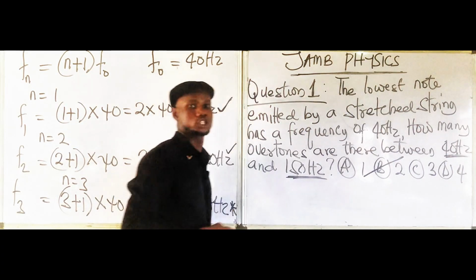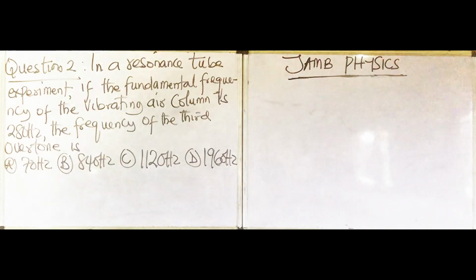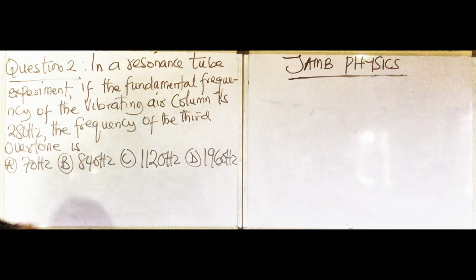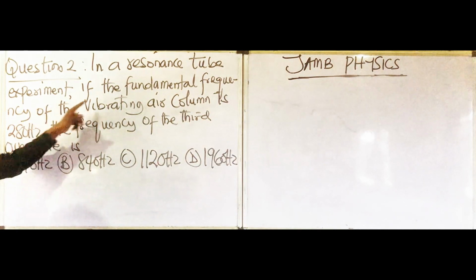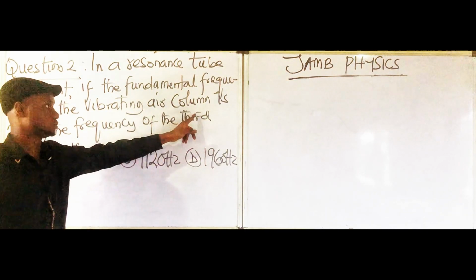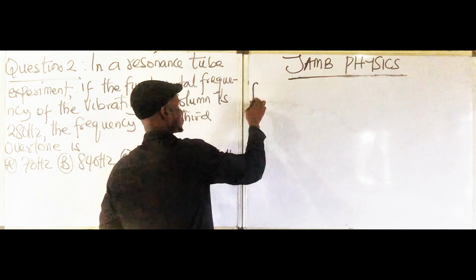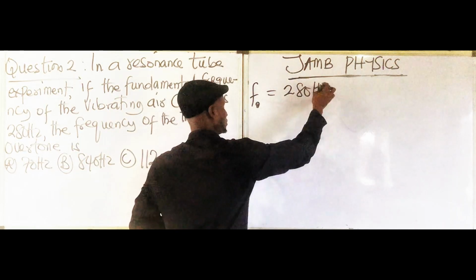So now let's solve some questions here involving resonance tube. Question 2, please. Let's solve this question here. But before we solve this question, let's try to understand the question. It said, in a resonance tube experiment, if the fundamental frequency of the vibrating air column is 280 Hz, that is F naught is 280 Hz.